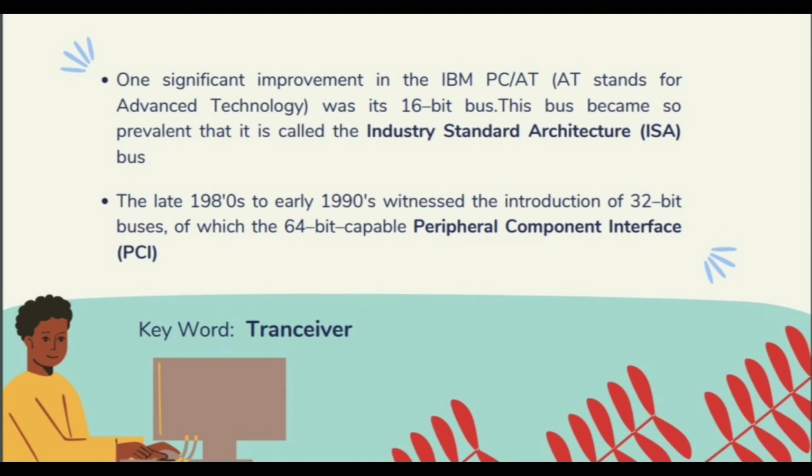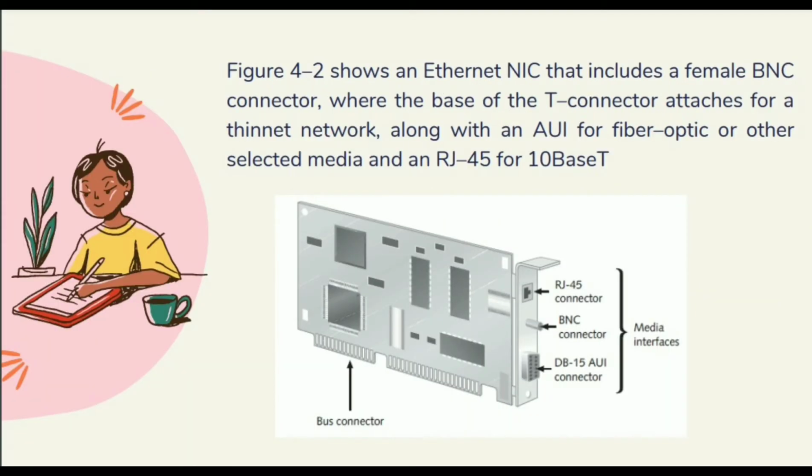To transmit data across the network medium, a network adapter must include or access a transceiver, a device designed for the specific medium in use. Look at figure 4.2. Figure 4.2 shows an Ethernet NIC that includes a female BNC connector, where the base of the T connector attaches for an Ethernet network, along with an AUI for fiber optic or other selected media, and an RJ45 for 10BaseT.